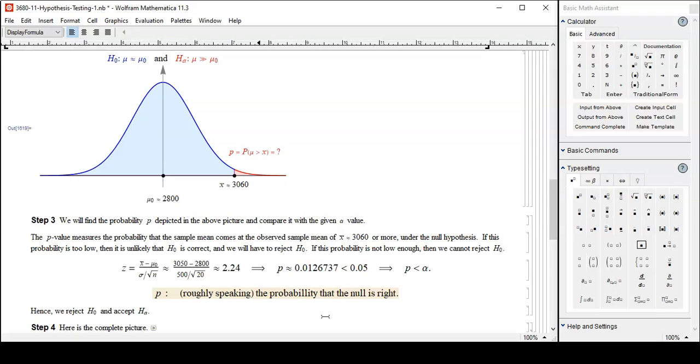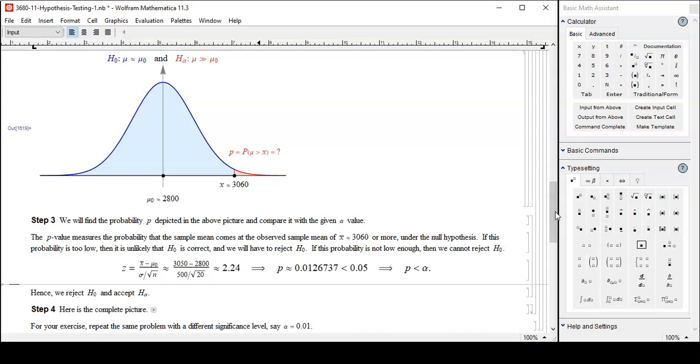So if this is large, then we're going to get the null. And if this is small, like this, then we're going to go to alternative. So the probability that null is right is pretty small. It's less than alpha. So it's got to be wrong. Let's go to alternative. It's a bit of a cheating because this is, as I said, roughly speaking, and it's not really correct, but most of the time it works.